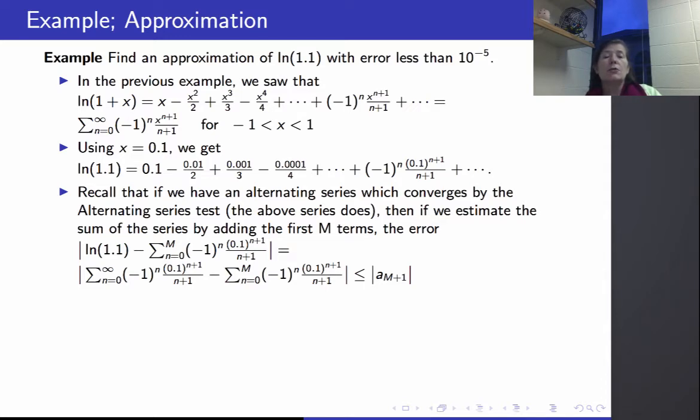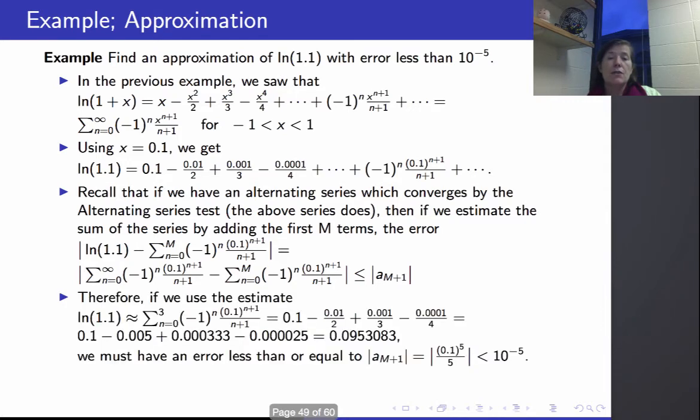We know that if we use the first m terms to approximate the sum, then the absolute value of the error is less than or equal to the absolute value of the m plus 1th term of the series.